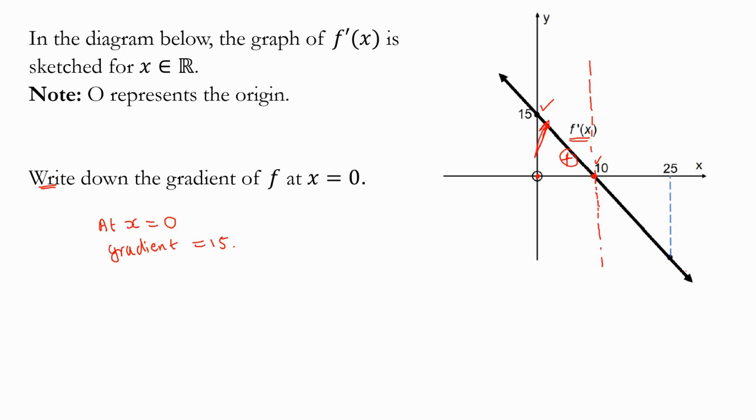Then after the x-intercept, the graph is below the x-axis, negative. It means the graph is decreasing. So I can clearly see that the graph is concave down. Here is the turning point, then it turns and goes like this. So at x equal to 0, at this point, the gradient is 15.